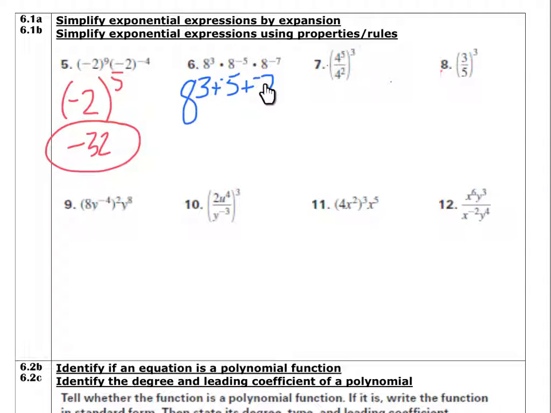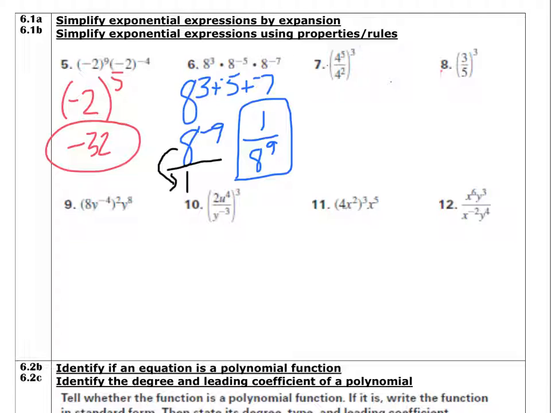Negative 2 plus negative 7 is negative 9. So you would have 8 to the negative 9th power. Now you can't have negative exponents, so you can make any number a fraction by putting it over 1. You're then going to take the power and bring it down below the fraction bar. That's going to give you 1 over 8 to the 9th power as your final answer.